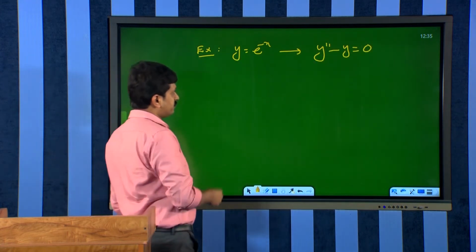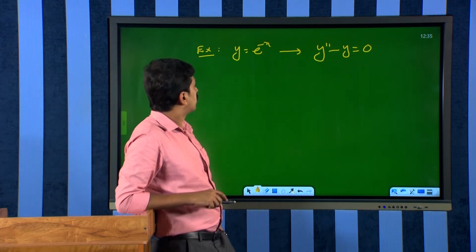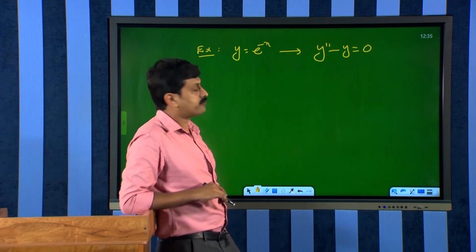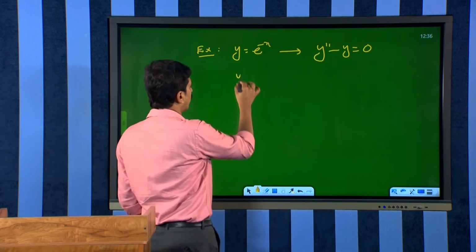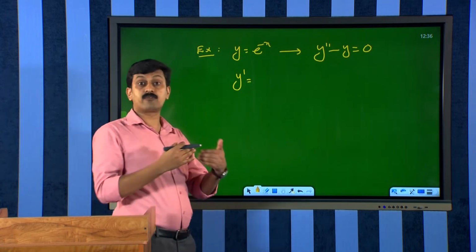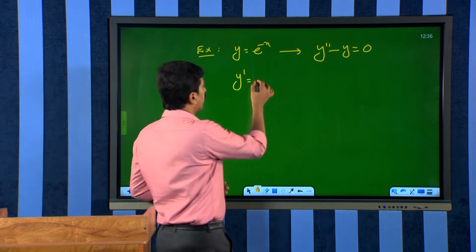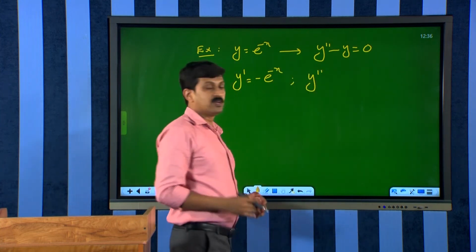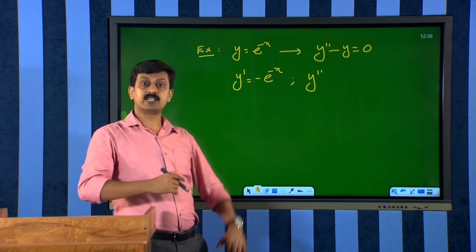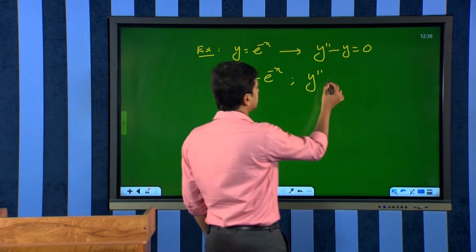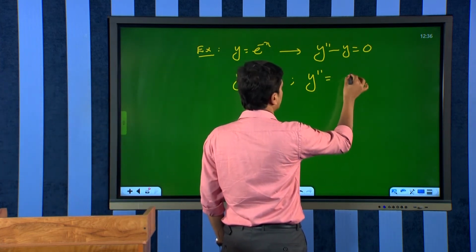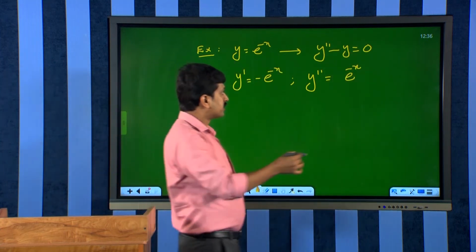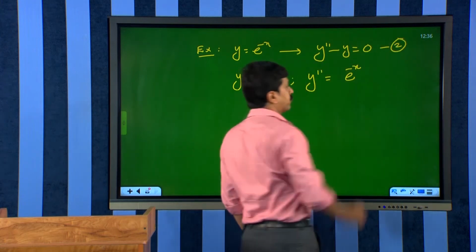So, y is equal to e raised to minus x, and y dash is equal to the derivative of e raised to minus x, that is minus e raised to minus x, and again y double dash is the derivative of minus e raised to minus x, that is plus e raised to minus x. Okay, fine. This is our equation 2.